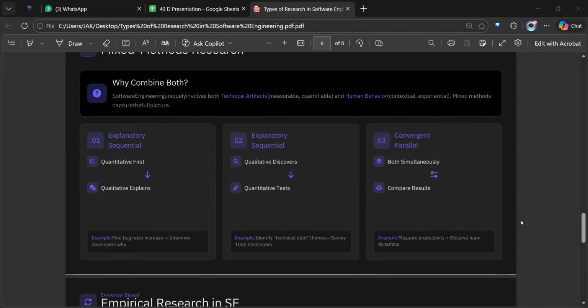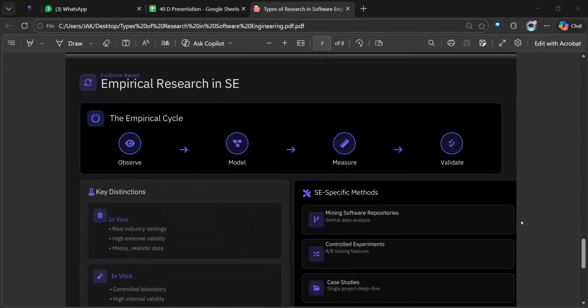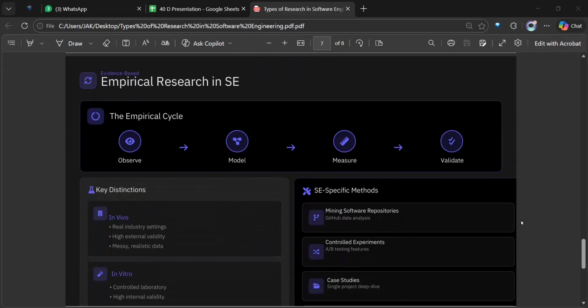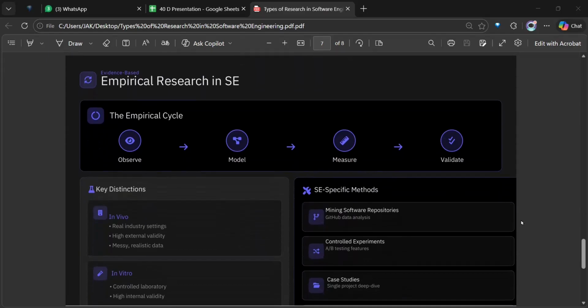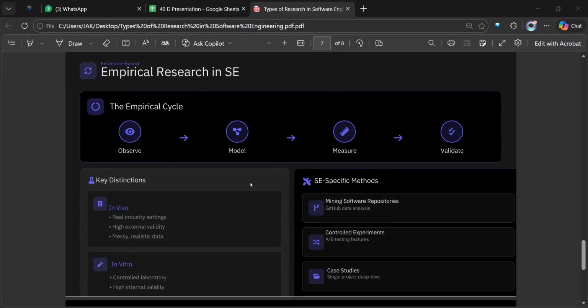All right, next slide, which is empirical research in software engineering. Empirical research means making decisions based on real evidence, not just theory or guessing. The basic steps are observe, model, measure, and validate. There are two settings. In vivo means studying real teams in real workplaces, messy but realistic.